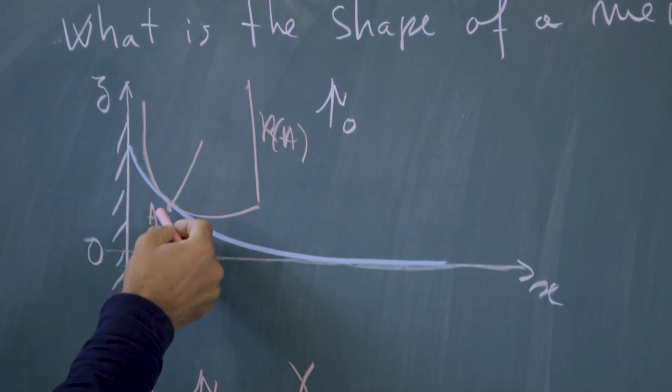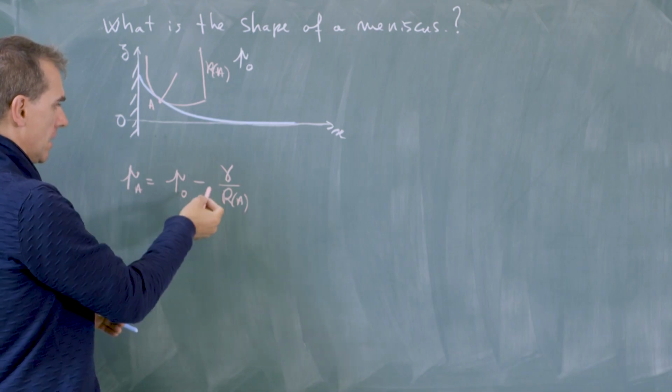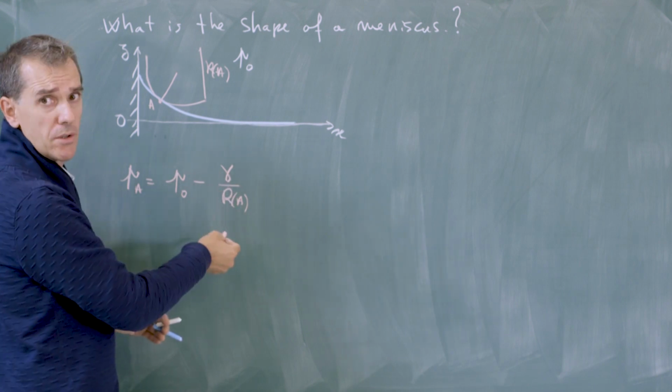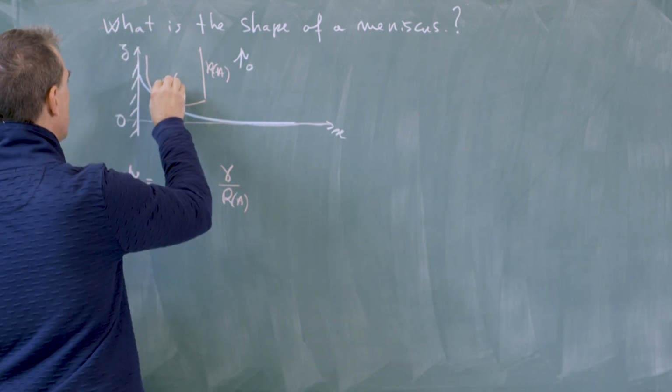So when I cross the interface, the pressure in the liquid will be lower due to the shape of the interface, lower by a factor gamma over the radius in A. This is the first path, so path number 1.